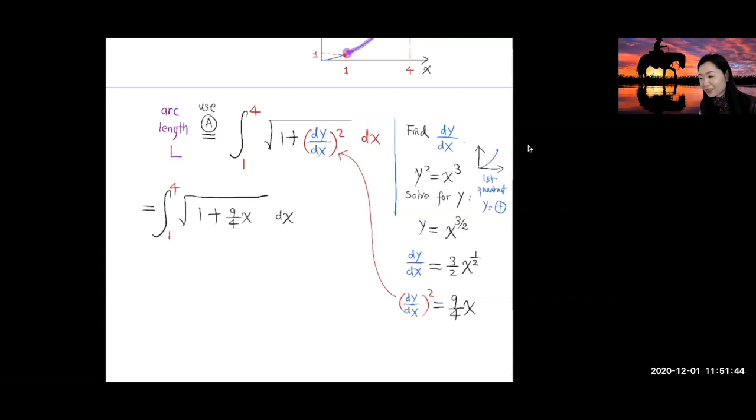Okay, how do you evaluate this integral by hand, not using the device? What kind of integration technique would you like to use?